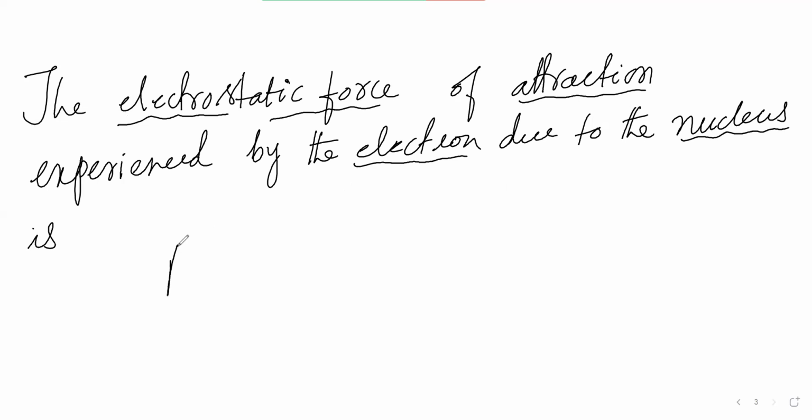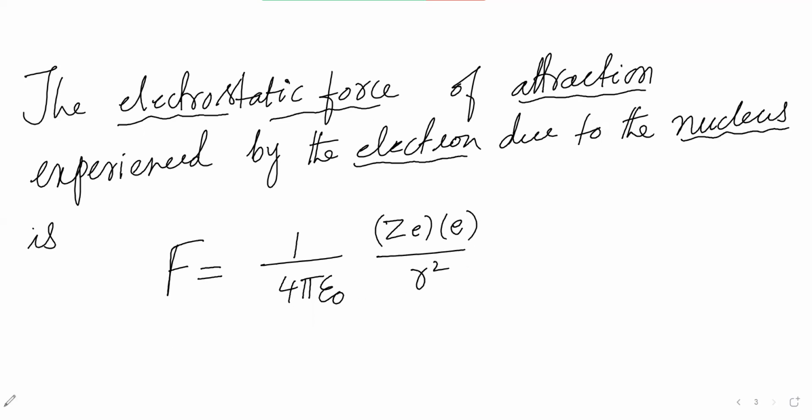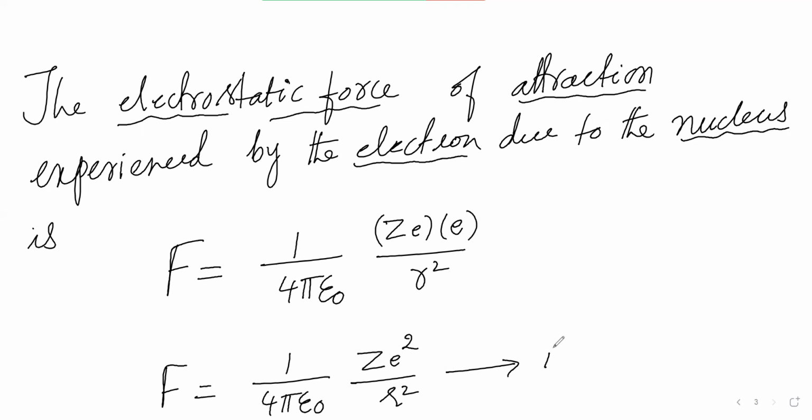So the formula is F equals 1 divided by 4 pi epsilon naught, Ze into e divided by r square. This formula is basically taken from the Coulomb's law. So now I can write it as F equals 1 divided by 4 pi epsilon naught Ze square divided by r square. Let me call it as equation number 1.